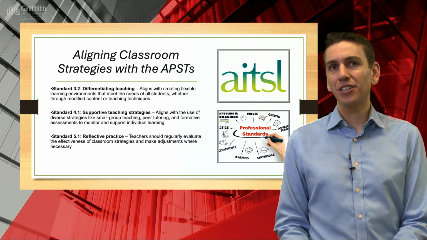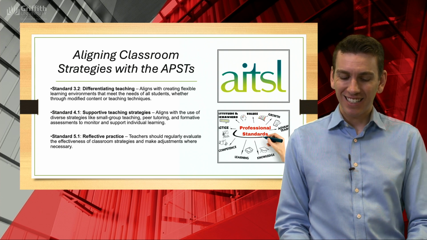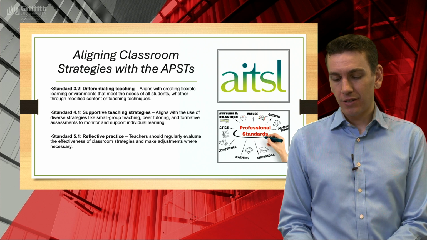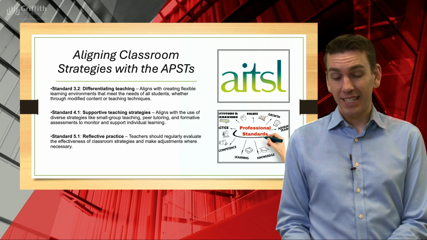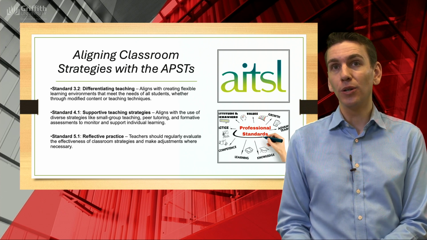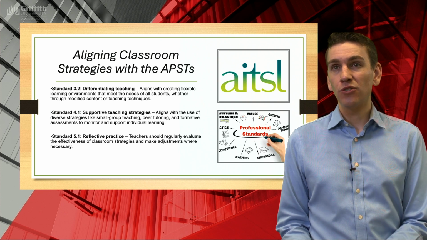So standard 3.2 is just one example of how the APSTs encourage us to adapt our teaching to support our learners. Another one is standard 6.2, which isn't on the screen here, but really emphasises the importance of ongoing professional learning. You have to engage with professional learning.